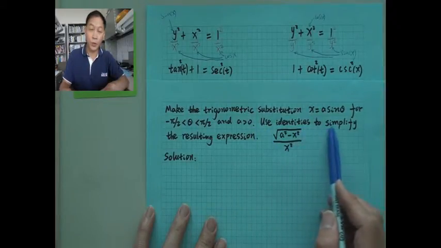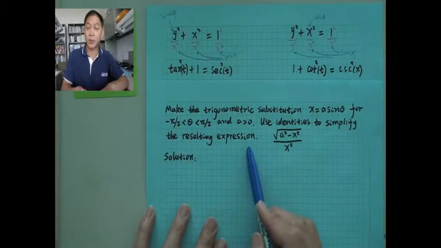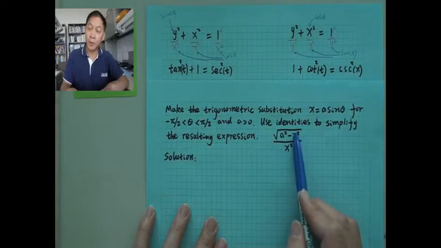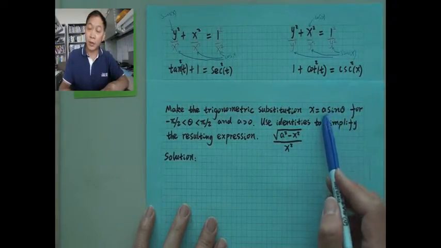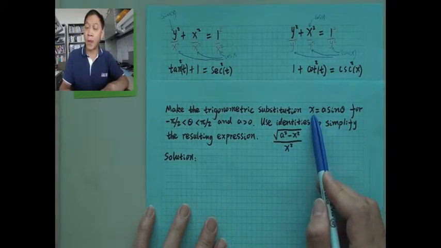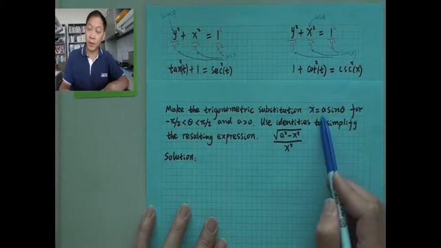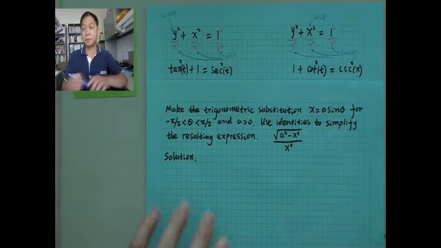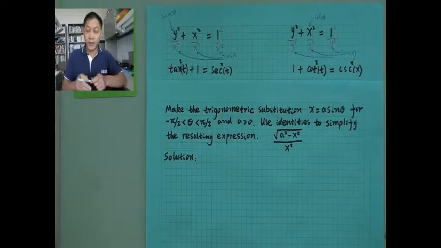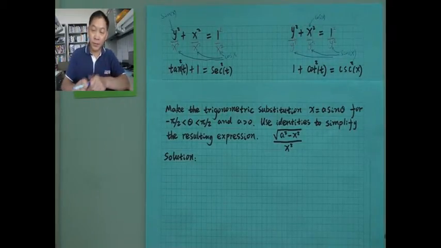Use identities to simplify the resulting expression. Simplify this one by substitution, replacing x with a sine theta. Let's see how it goes.